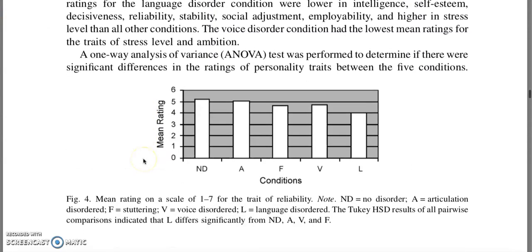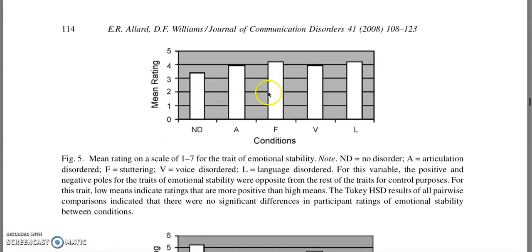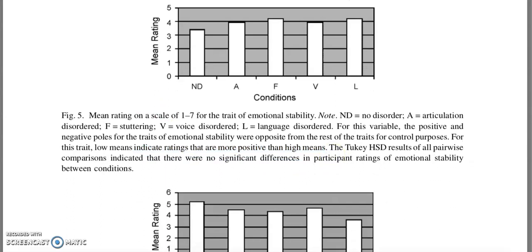Something else I'll highlight is that it's really important that you're not just looking at the graph, but also reading the description, because you can see on this one that a low score is actually more positive in this graph, and in previous graphs, a low score is more negative. So you have to pay a lot of attention to what we're looking at here.